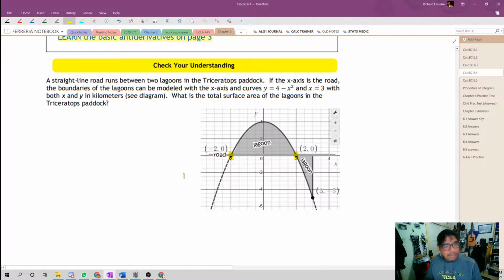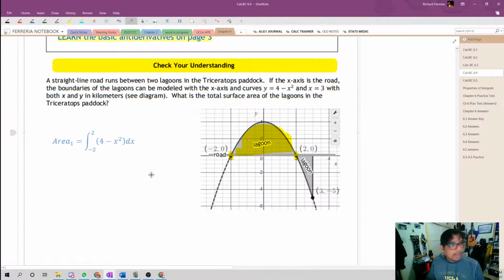And I think we're ready for our integral. Now the first one is we're going to integrate from -2 to 2. The area of this first lagoon is above the x-axis, so we just need to straight integrate from -2 to 2. We're going to use our newfound powers of antiderivatives, and we can say that the antiderivative of 4 is 4x.